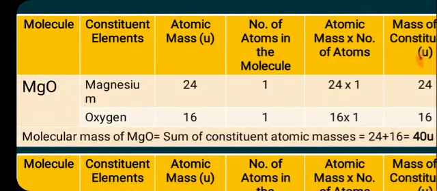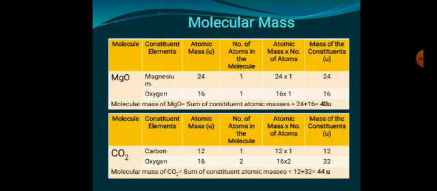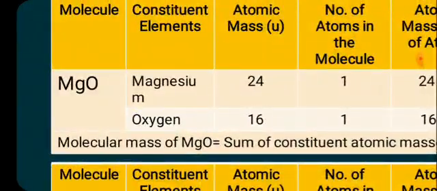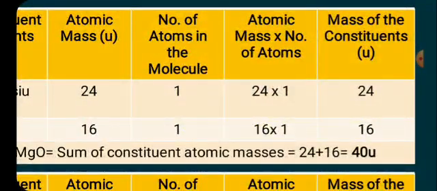Constituent elements are magnesium and oxygen. Atomic mass of magnesium is 24 and oxygen has atomic mass 16. Number of atoms: a single atom of magnesium and only a single atom of oxygen is participating. So 1 each.